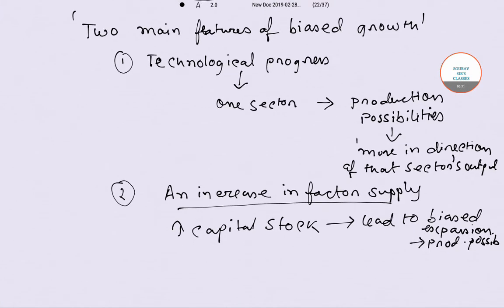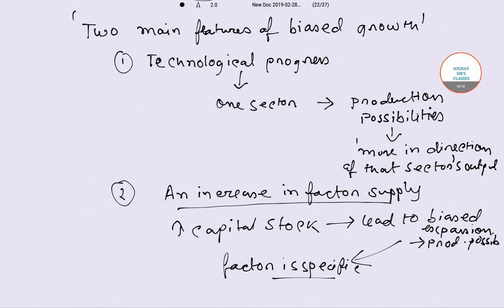The bias will be in the direction of either the good for which the factor is specific, or the good whose production is intensive in the use of the factor whose supply has increased.